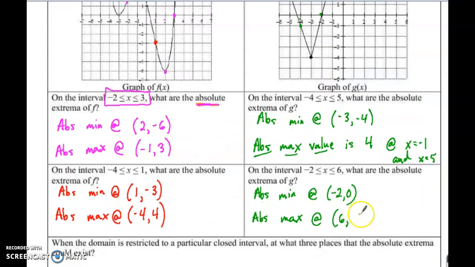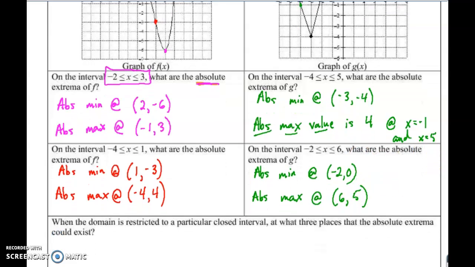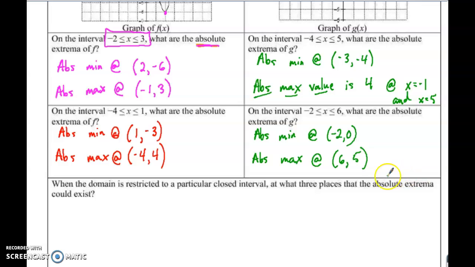Yeah, let's say it's 5. Well, the whole point of this is when we restrict the domain, we could have extreme values at 3 different places. And I think you've heard me say quite extensively, one of those that could happen is at the endpoint. Endpoint of those restrictions, -4, 1, -2, 3, -4, 5.